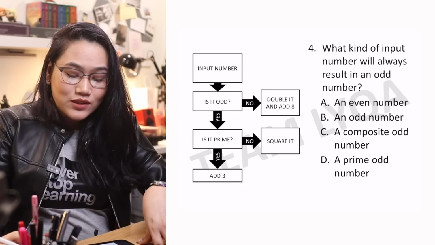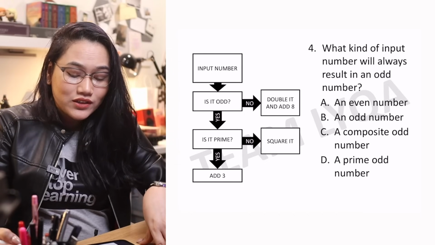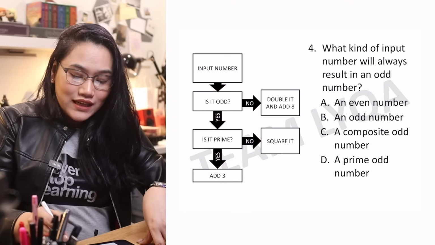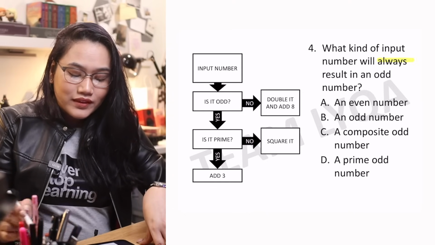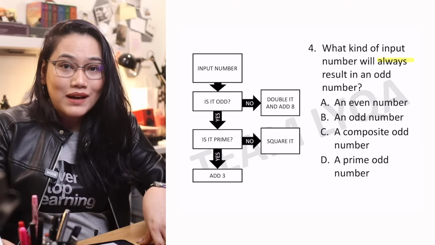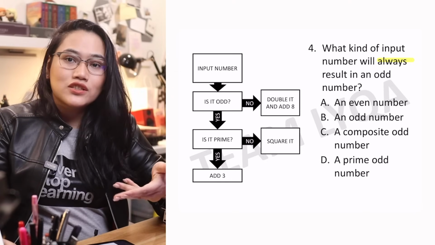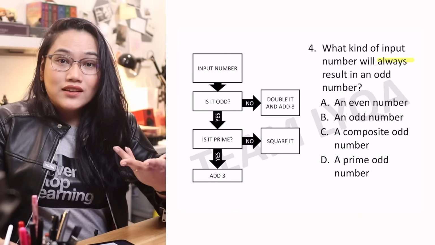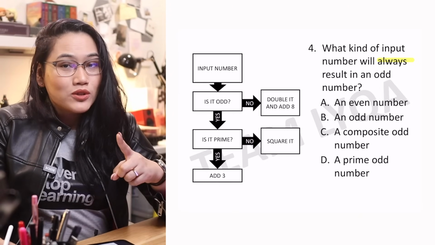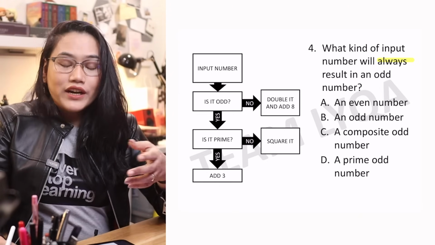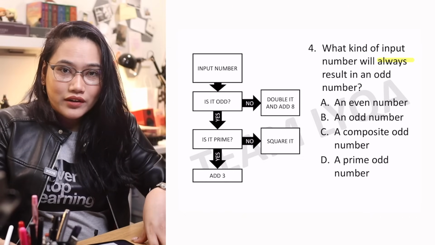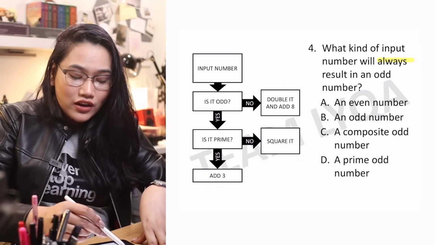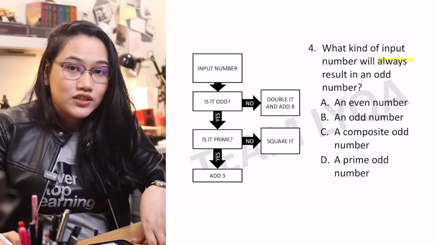Question number 4 asks, what kind of input number will always result in an odd number? Now, susi dito, yung sinasabi na, always, kailangan laging odd number ang lalabas. Meron tayong conditions dito: an even number, an odd number, a composite odd number, pag sinabing composite, hindi siya prime, or a prime odd number. Now, a quick way to figure out kung ano yung sagot is just to think of a number that fits the description.